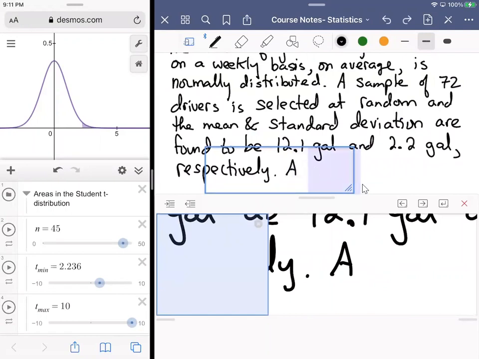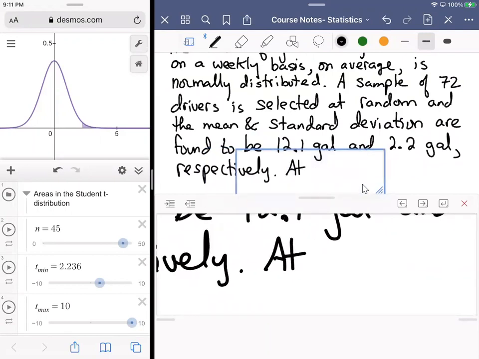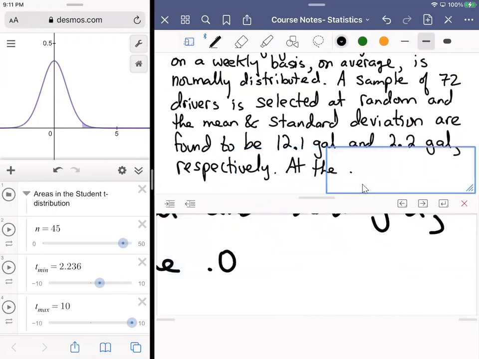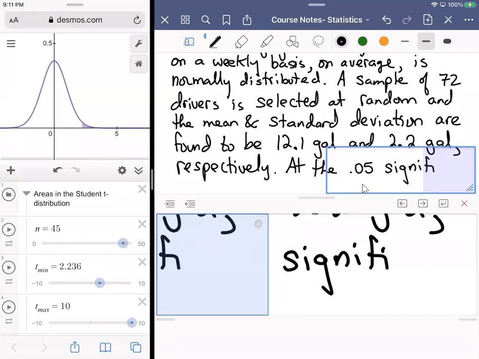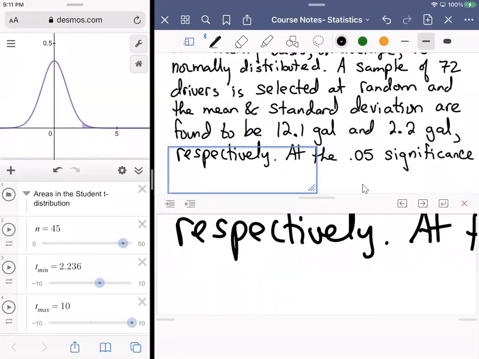I guess I got to get the word "add" in there first. The 0.05 significance level. Sometimes we say level rather than significance level for short.